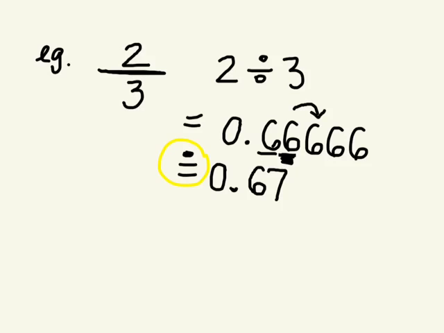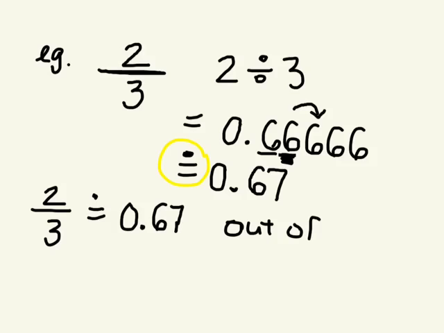So right now we have our answer as a decimal. I know that 2 over 3 is approximately equal to 0.67. But I want to know, what is this as a percent? Well, earlier we said that percent is out of 100. So what are we going to do with this answer to find out what it is as a percentage?